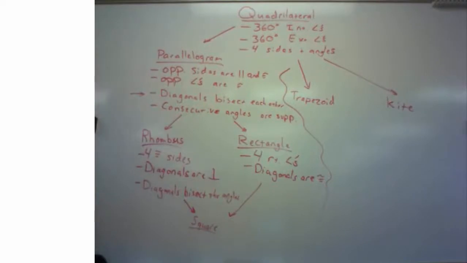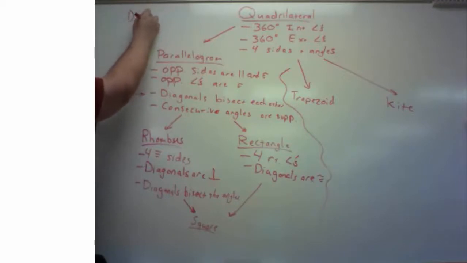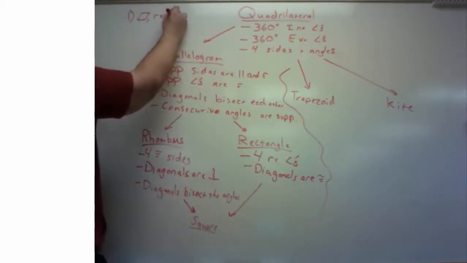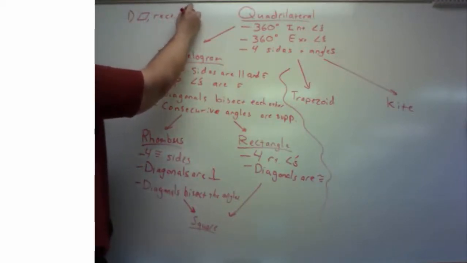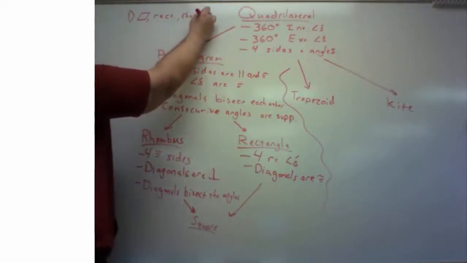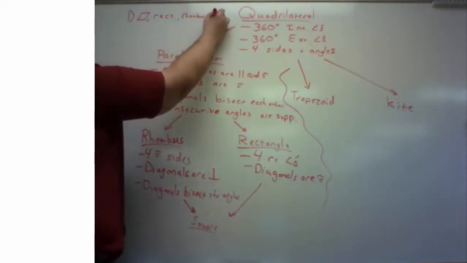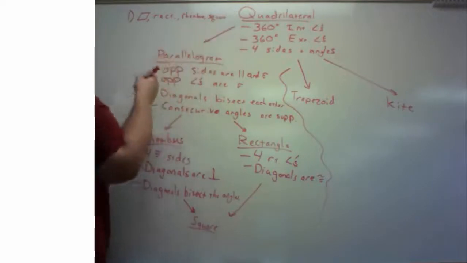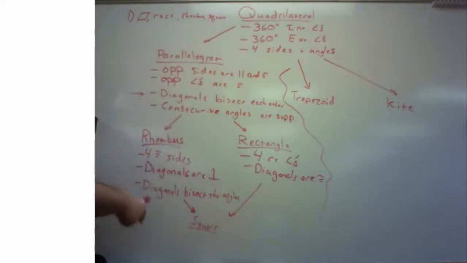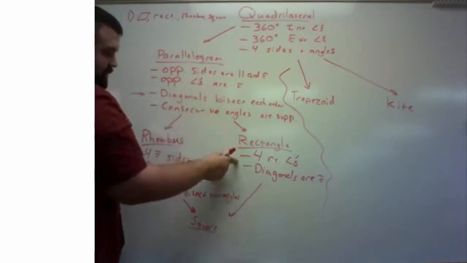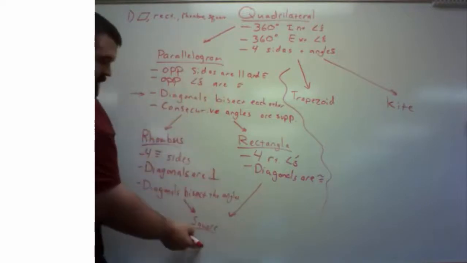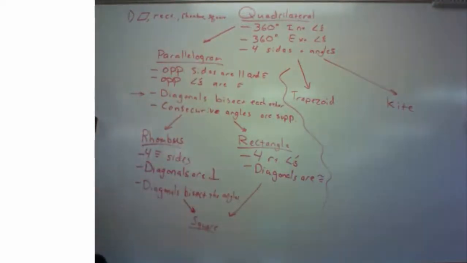Diagonals bisect each other falls under parallelogram. So the very top one, I'm going to say it's a parallelogram, it's a rectangle, it's a rhombus, and it's a square. Because if it's a parallelogram, it's also true for a rhombus, a rectangle, and a square because of how it flows down.